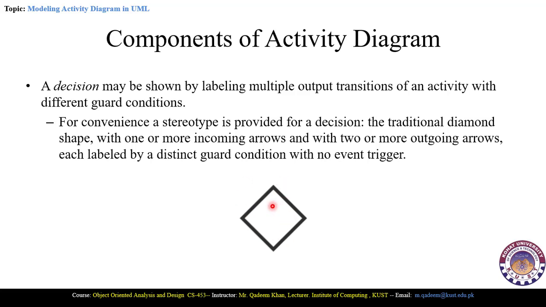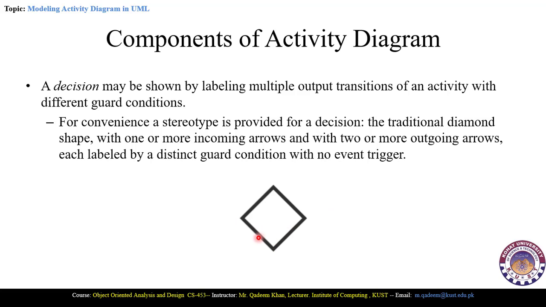By labeling multiple output transitions, activities with different guard conditions are provided here. So here the stereotype is required, which is used for the decision, and the traditional diamond shape is used for one or more incoming arrows towards this diamond symbol, and one or more arrows can go out of this diamond symbol by labeling their actions.